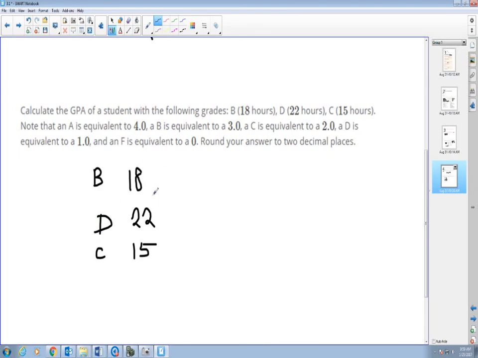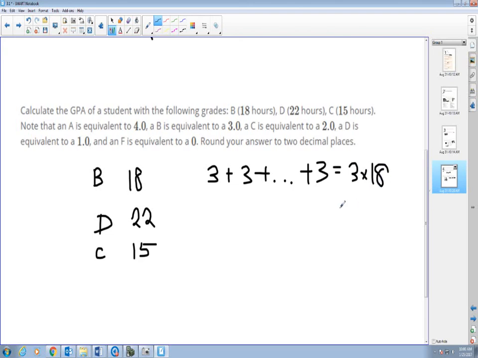18 hours. You made a B in it, so that means 18 hours of B. So B is a 3.0, and we got 18 of those 3.0. So that will be 3 plus 3 plus 3, itself 18 times, and that is equivalent to 3 times 18.